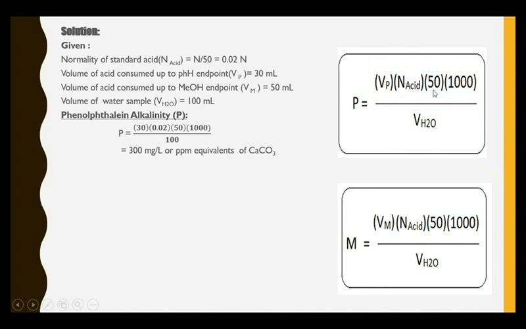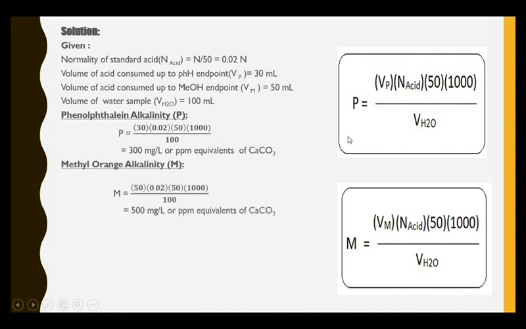This 50 is the calcium carbonate equivalent weight, and this is the volume of water sample. When you calculate, the phenolphthalein alkalinity is equal to 300 milligrams per liter. The same way you calculate the methyl orange alkalinity by substituting the volume of acid consumed up to the methyl orange endpoint, the normality of acid, and the volume of water sample. Then this is equal to 500 mg per liter.